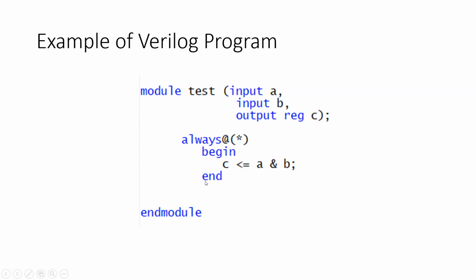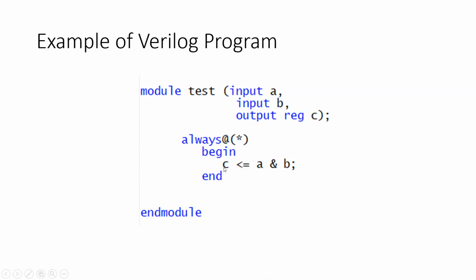From here we have our always block, which is our procedural block, with an at sign, and in here we have parentheses with an asterisk. This usually means that our procedural block is combinatorial logic, and we'll talk more about this in other videos. It's important to note that when we use a procedural block with multiple lines inside it, we need to use begin and end statements to indicate the beginning and the end of the procedural block.